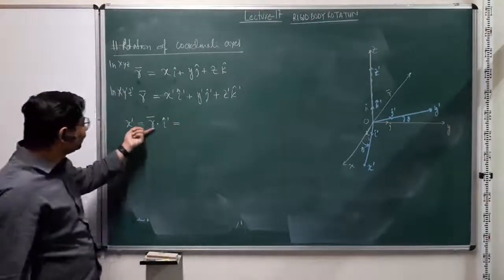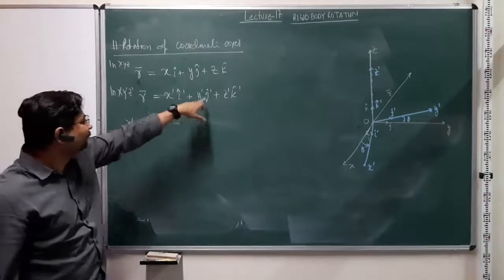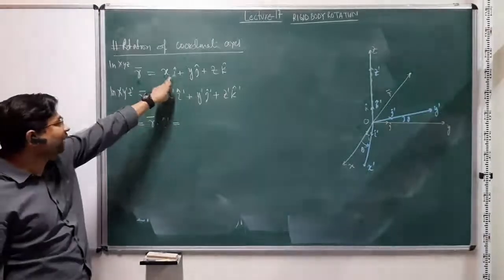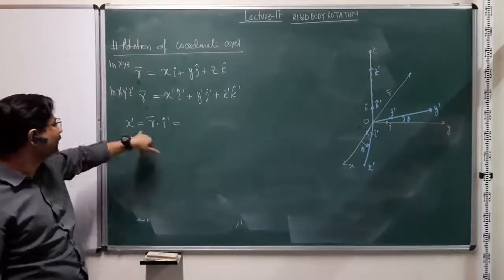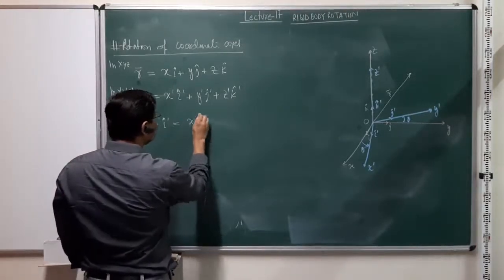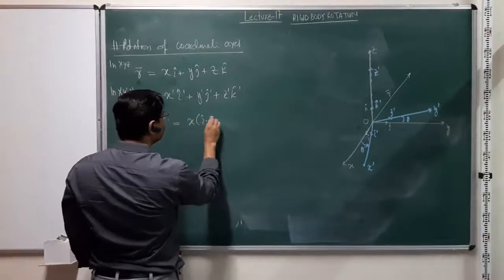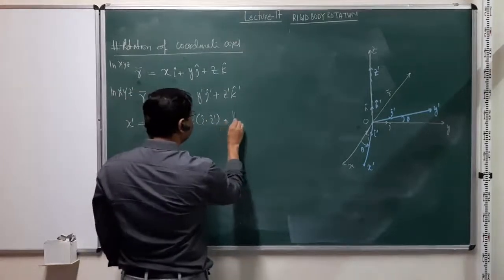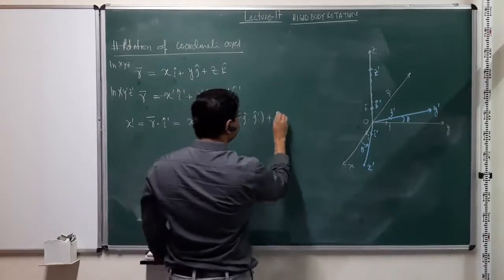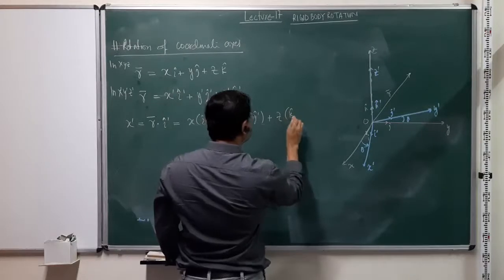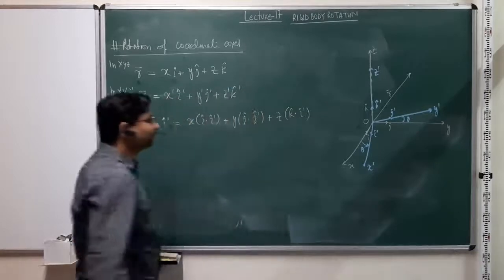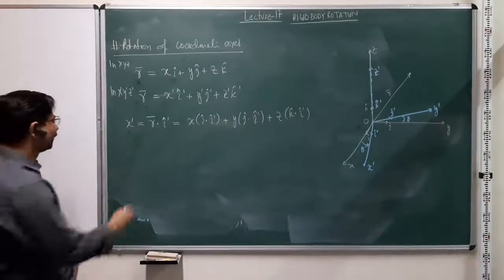And now here, instead of r given in I prime, j prime, k prime, I can also replace this r in my original coordinate frame, x I, y j and z k, to get the component relationship here. And what that will give me is then x I cap dot I cap prime plus y j cap dot I cap prime plus z k cap dot I cap prime. Right? So that is the component x prime.